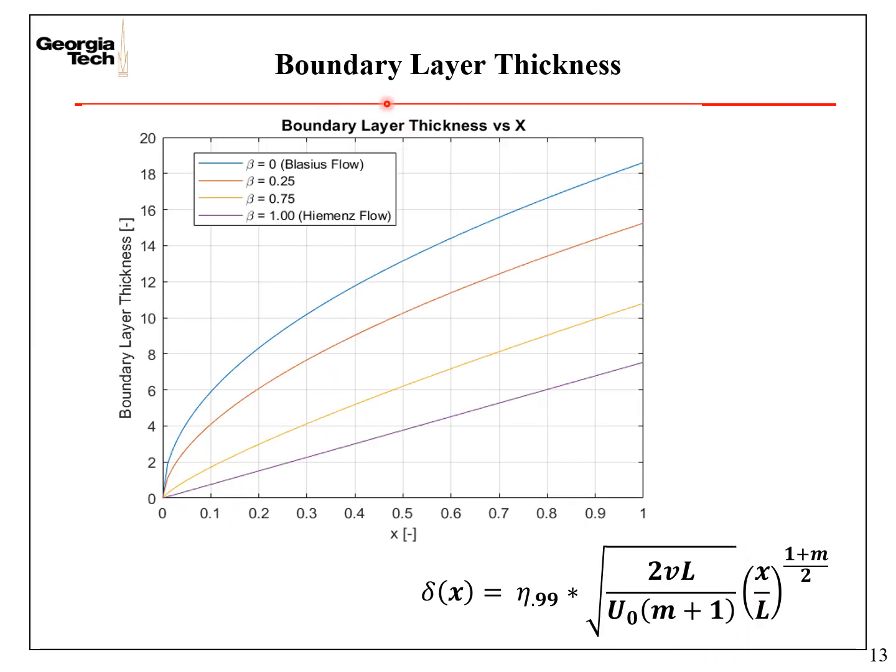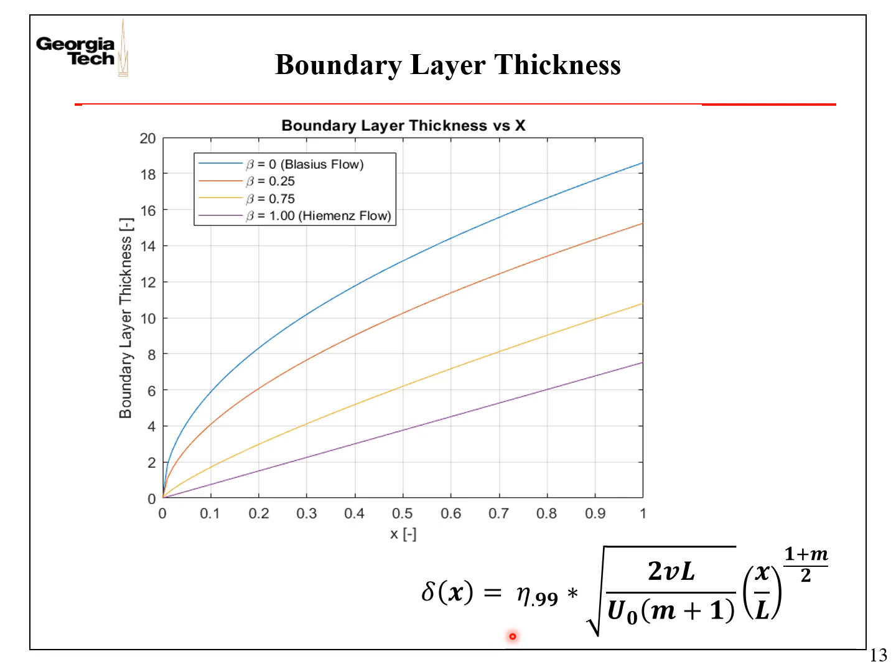I would say the boundary layer thickness is the more interesting parameter to analyze, as we use these variables here and multiply by eta at 0.99. Eta at 0.99 is the eta value at which, on our velocity similarity solution, we reach the value of 0.99.